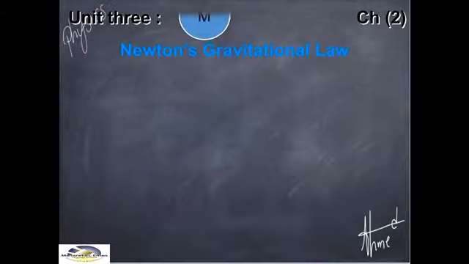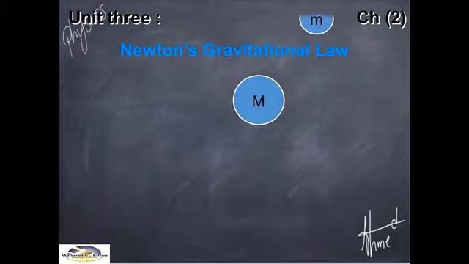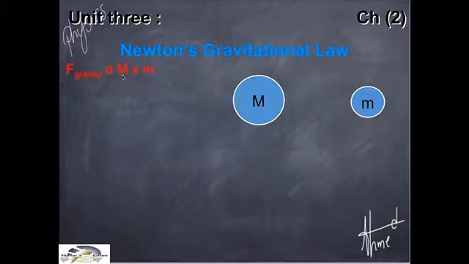To be more clear, if I have two masses, m1 and m2, the gravitational force of attraction between them is directly proportional to the product m1 times m2, and inversely proportional to the square of the distance separating the two objects.